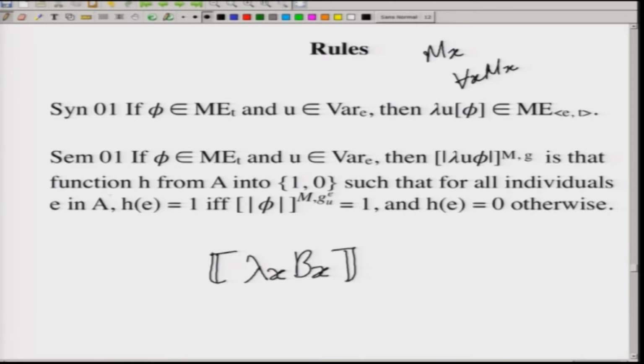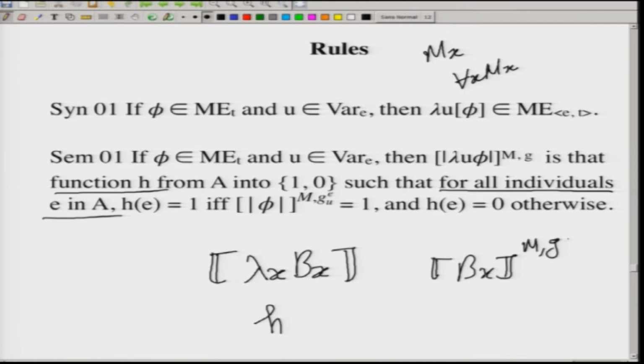So, first it defines the function h from A into {1, 0}, such that for all individuals e in A, h(e) is 1 if and only if phi is 1 with respect to all value assignments.